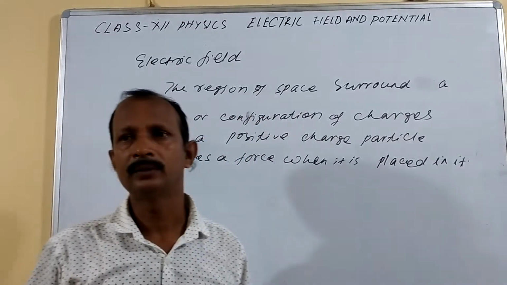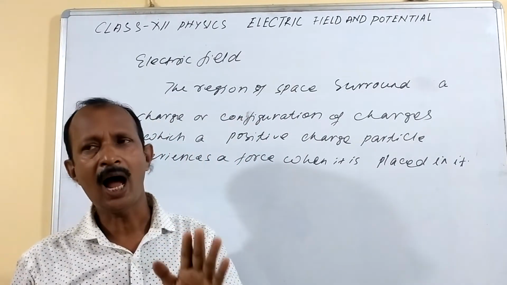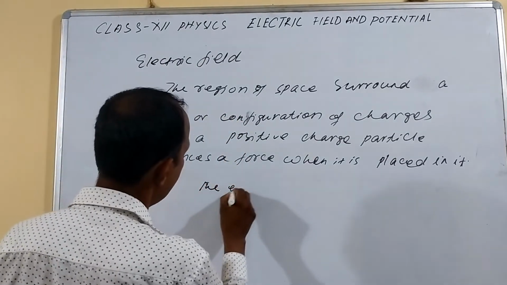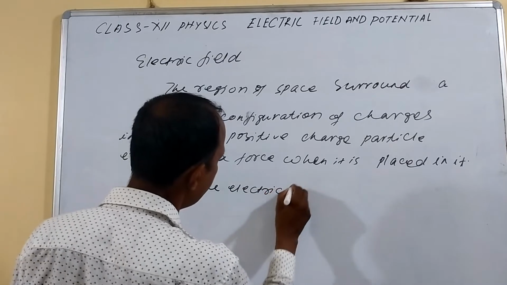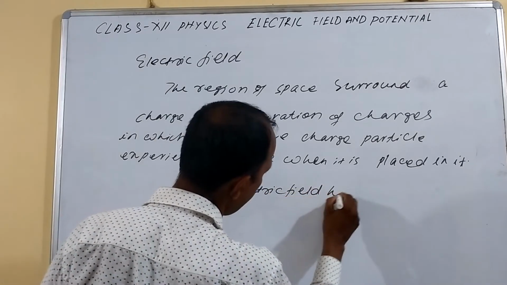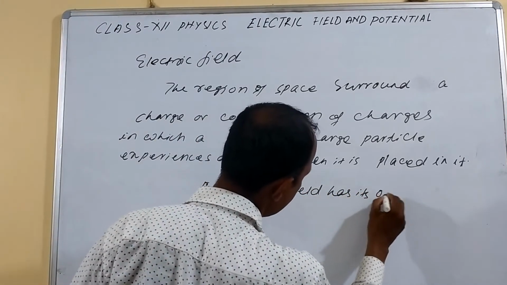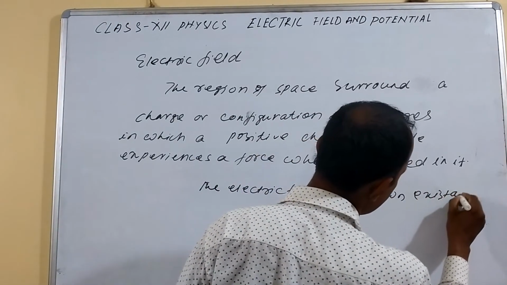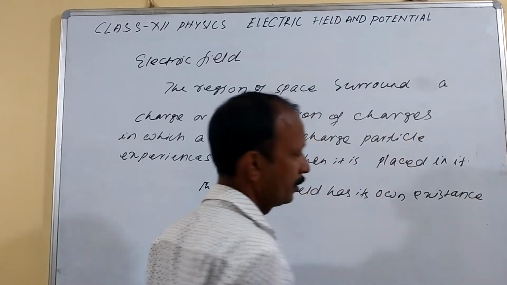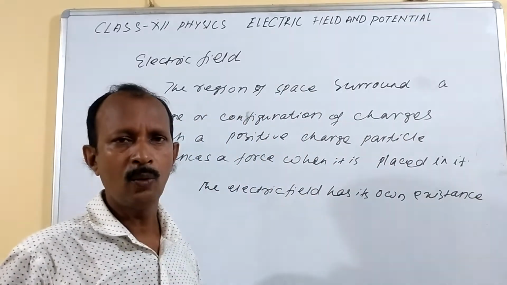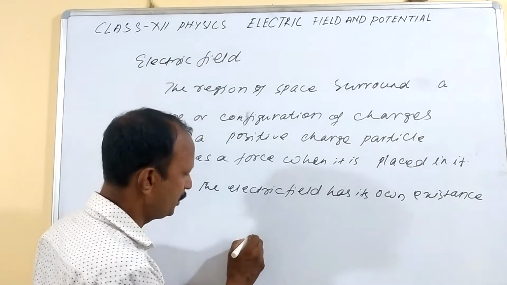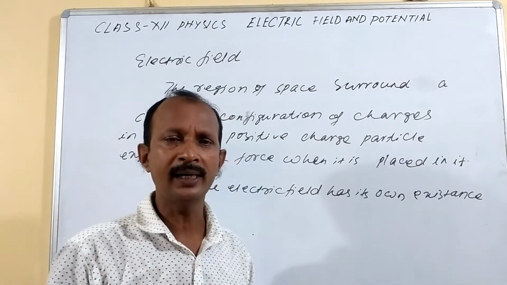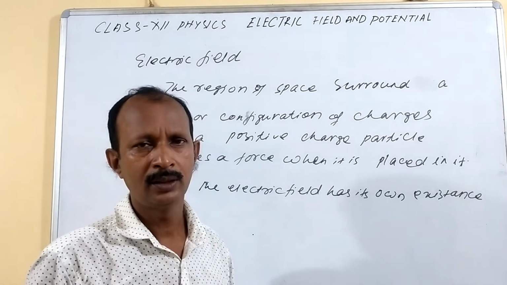So listen carefully. The electric field has its own existence. What own existence? Suppose this is a charge particle. It will create an electric field.